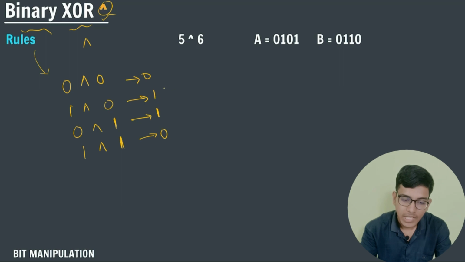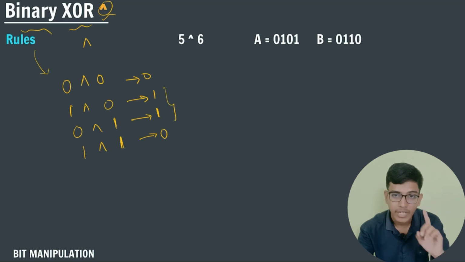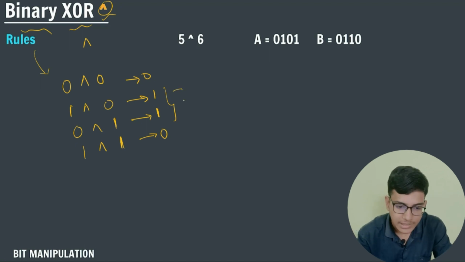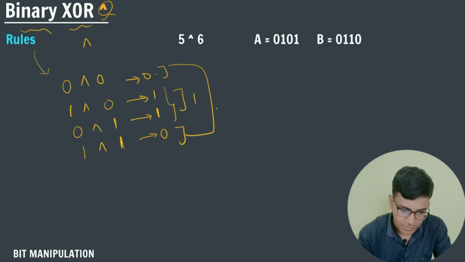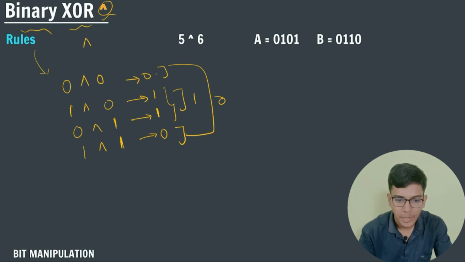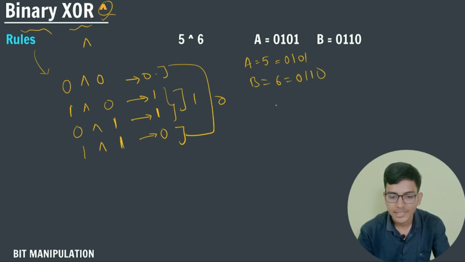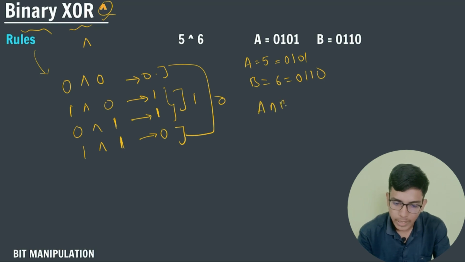Remember, guys, that if the first number and second number are different, then only I will get output as 1. If both are the same, then I will get output as 0. So let us see with a equal to 5, that is 0 1 0 1, and b equal to 6, that is 0 1 1 0, performing this operator on a and b.